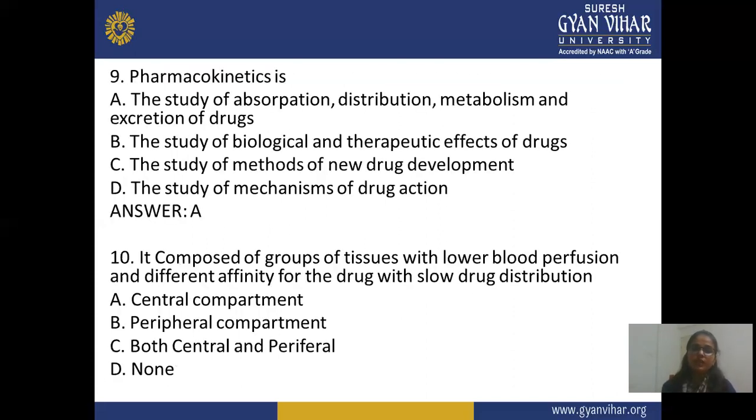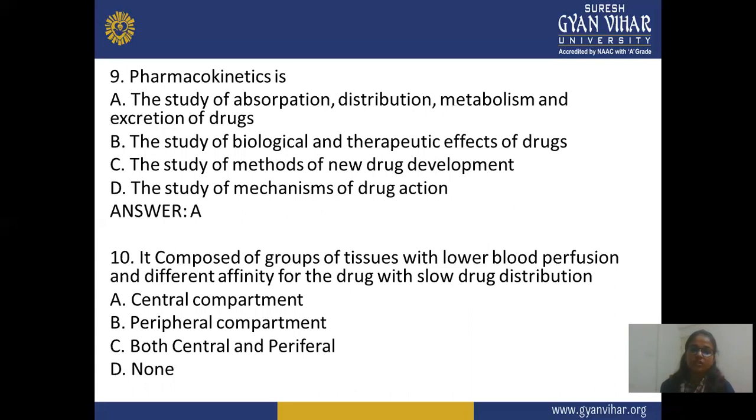Pharmacokinetics is the study of absorption, distribution, metabolism, and excretion of the drug. B is a study of the biological therapeutic effect of the drug. C is a study of methods of new drug development. And D is a study of the mechanism of drug action. So these are the four options, or you can say definitions, of pharmacokinetics. We already discussed it briefly and descriptively, so you can answer this question.